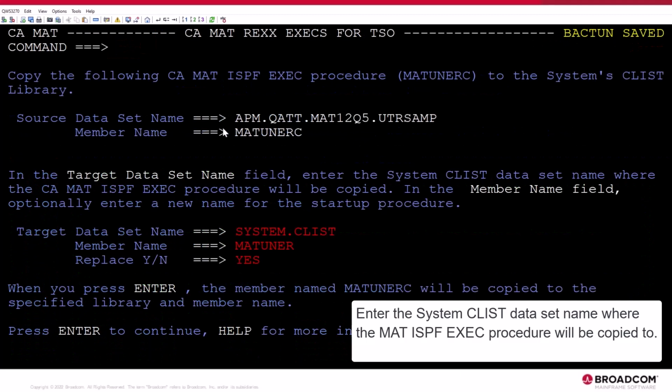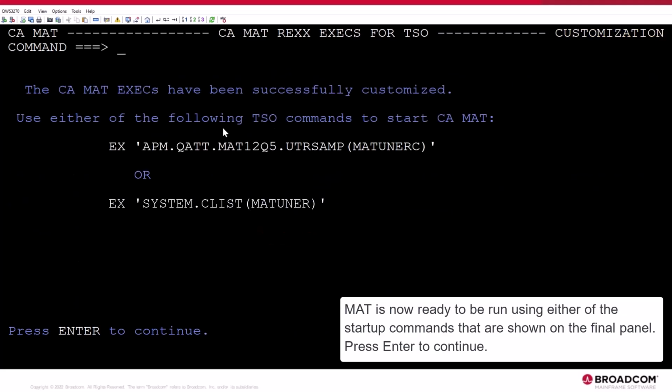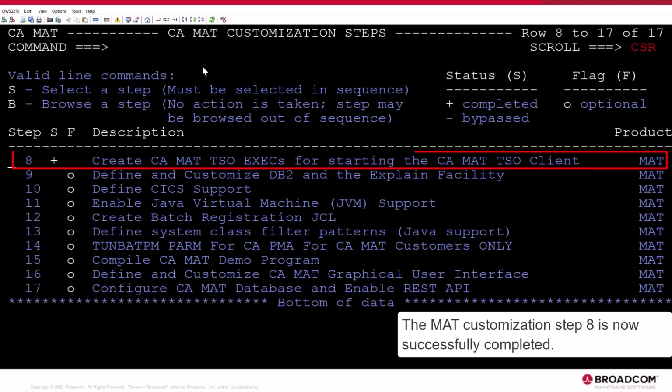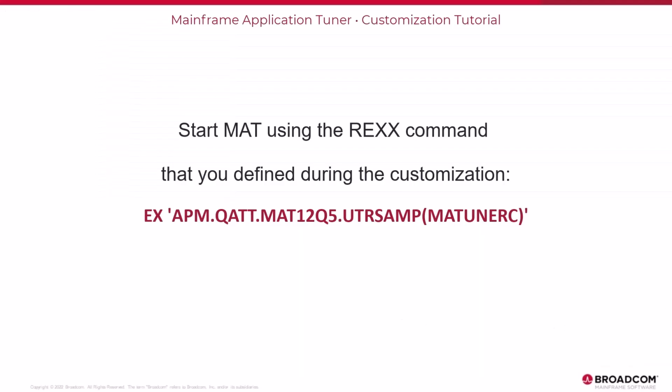Enter the System C list data set name where the MAT ISPF exec procedure will be copied to. MAT is now ready to be run using either of the startup commands that are shown on the final panel. Press Enter to continue. The MAT customization Step 8 is now successfully completed.